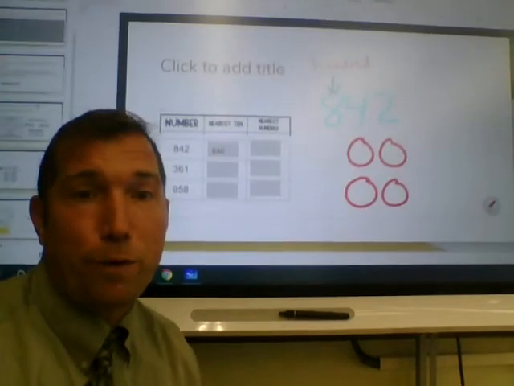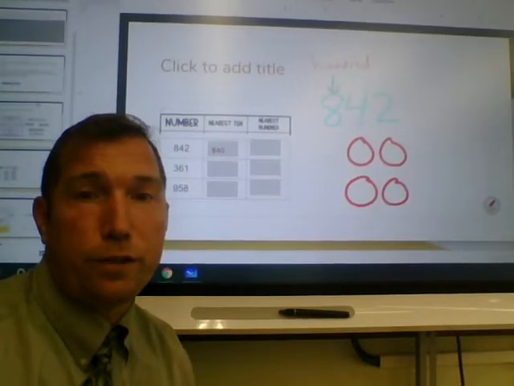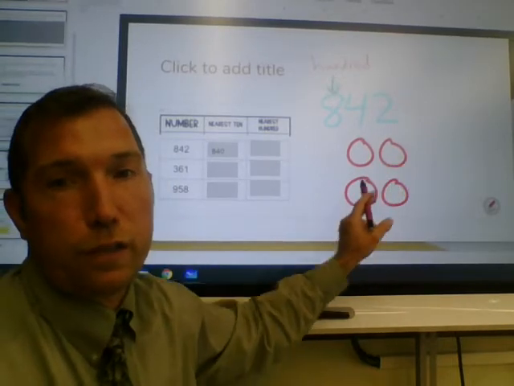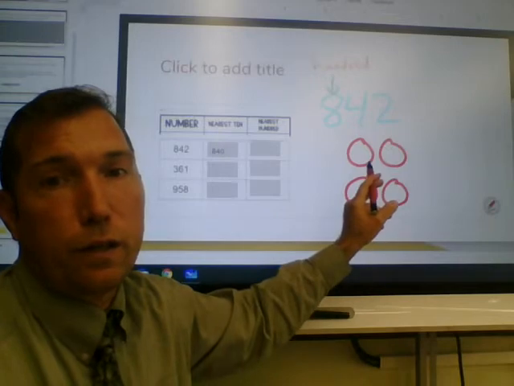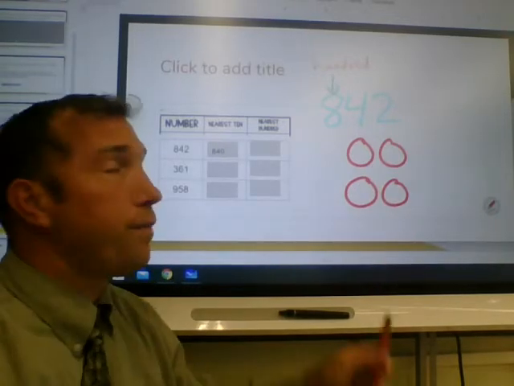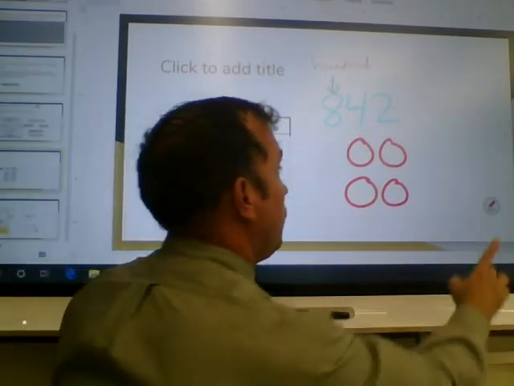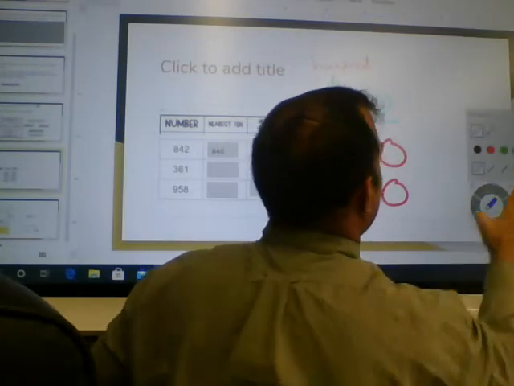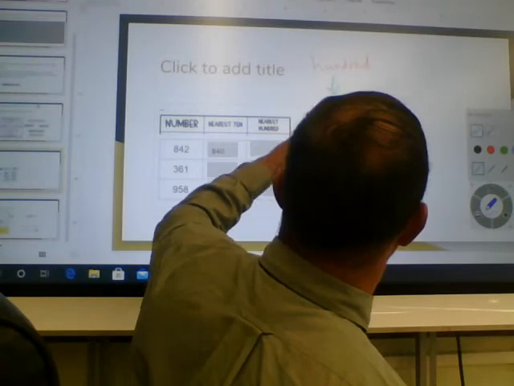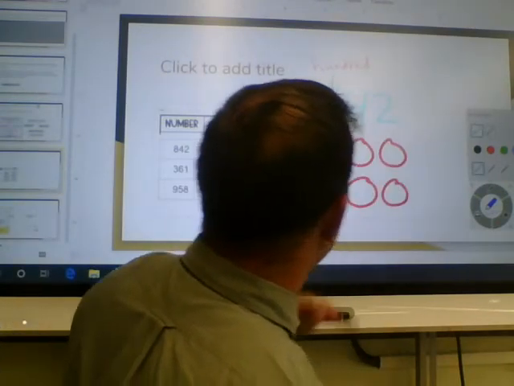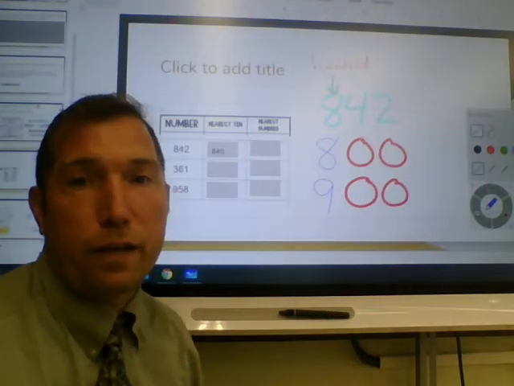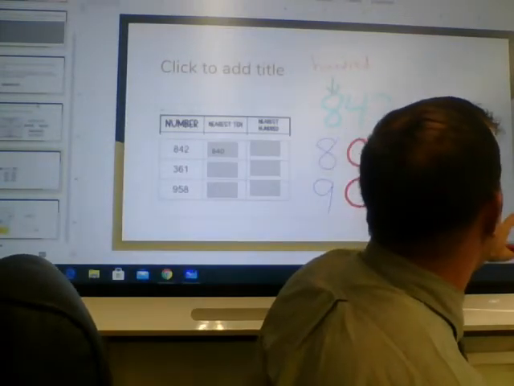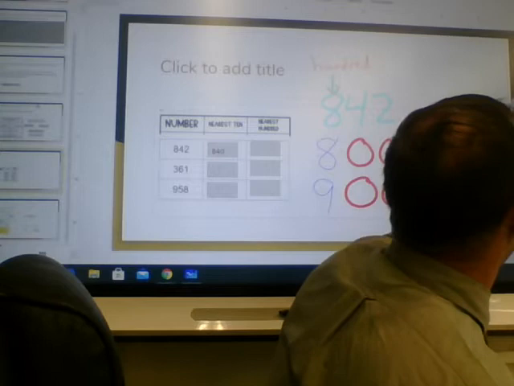And now if I'm rounding 842 to the nearest 100, my goal is to make a number that has at least 2 zeros in it. And I have to figure out, if I'm at 842, my two choices are going to be, am I closer to 800 or am I closer to 900? And I have to think about that again, and I'm going to look at that next number that comes after it.